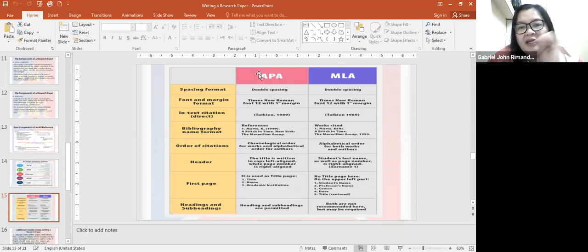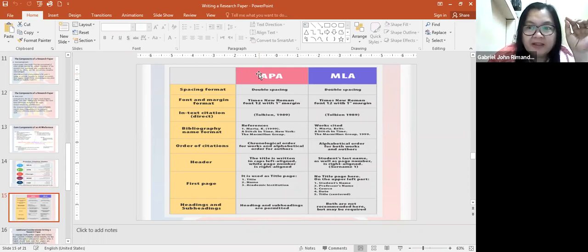Unlike in MLA, it is written at the end of the paragraph, or at the end of the article. That's where you write your annotations. But itong APA, right after one sentence or even one word that you have taken from that particular author or from that particular researcher, you can immediately write his name plus the year that the work was published.